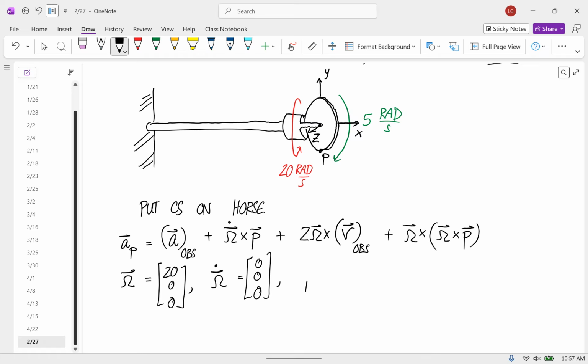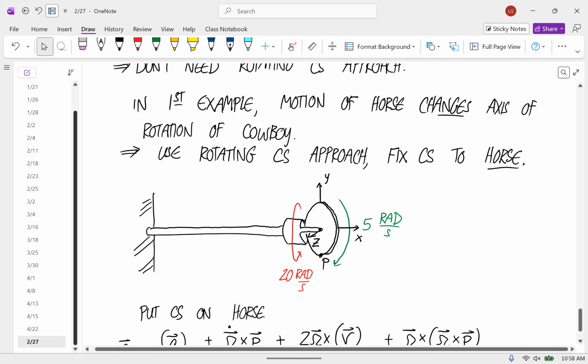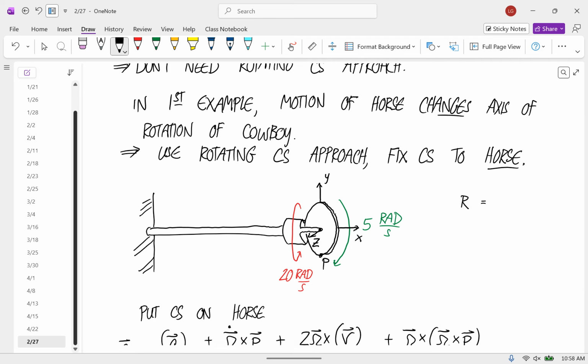Our position vector. So the position vector goes from the origin of the coordinate system to the point we care about. The origin is at the axis of that disk. Oh, I didn't give a radius. Let's pretend I did, though. Let's say that earlier I told you that the radius was 0.1 meters.